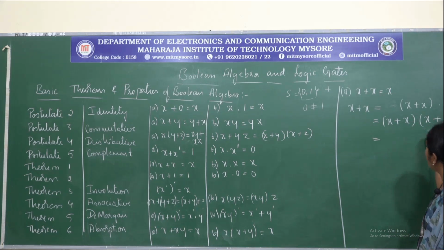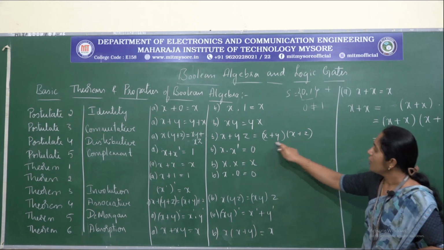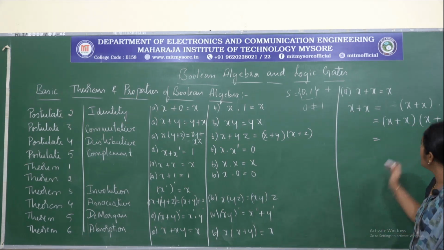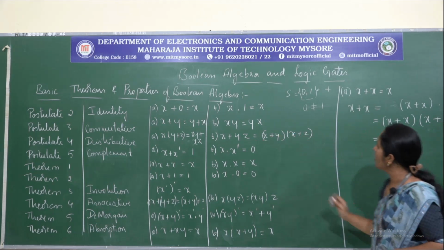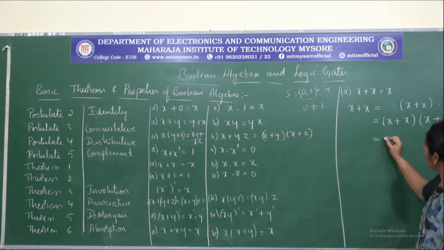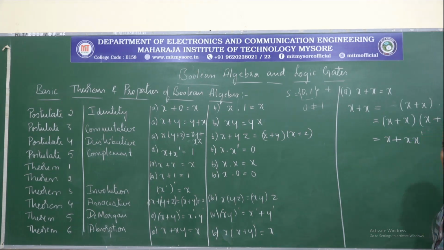Further, this can be combined. If you observe, we have postulate 4b, that is the distributive law. From the distributive law, which is in the expanded form, we can write the compact form of this: x plus, in place of y we have x again, in place of z we have x dash.